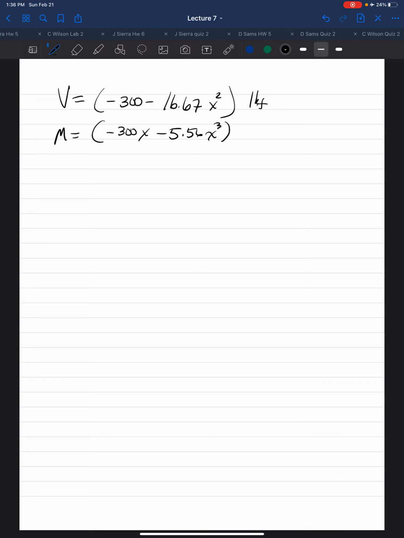So to recap that, our internal shear force as a function of x is minus 300 minus 16.67 x squared pound force. Our bending moment is minus 300x minus 5.56 x cubed. This is pound force feet. Plotting these diagrams, like I said, you can use your graphing calculator or Excel.